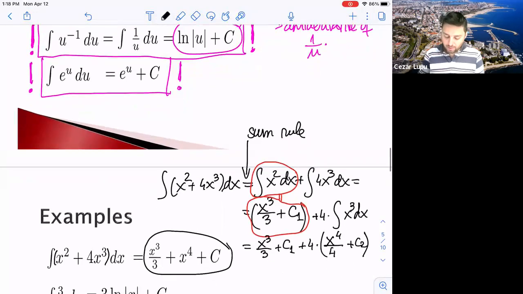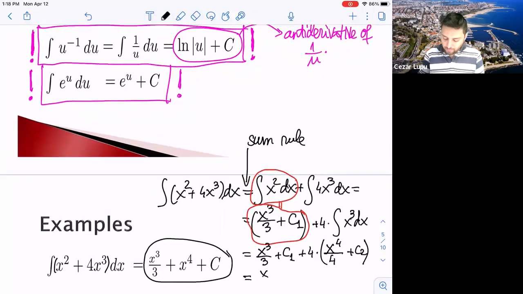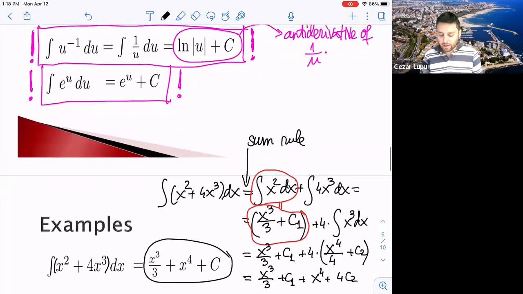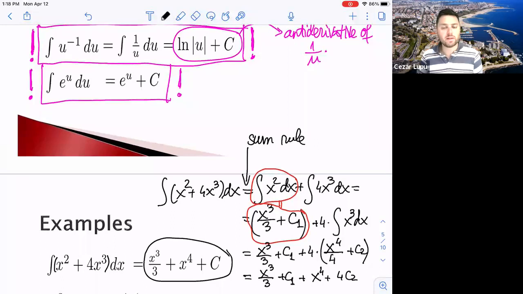And now we're going to multiply everything together here. x cubed over 3 plus c1 plus, 4 and 4 will cancel, x to the 4th plus 4 times c2. But I don't care. I can write c1 plus 4 times c2 as another constant c. So there you go. So this guy here will be this guy here.